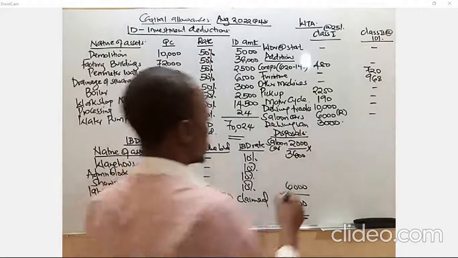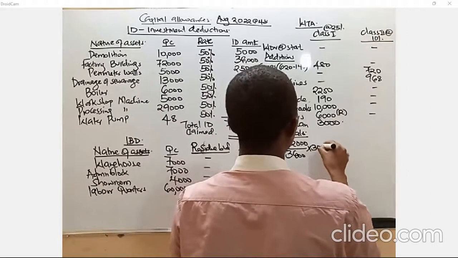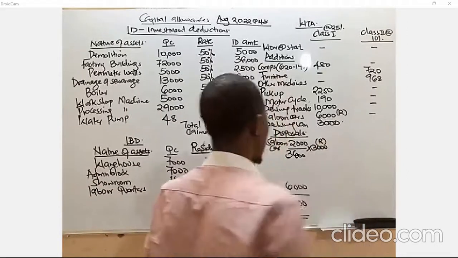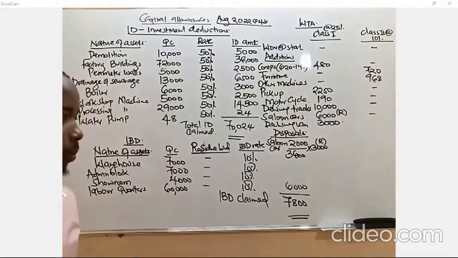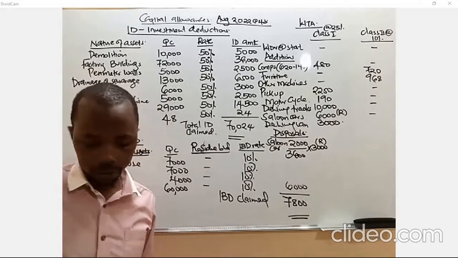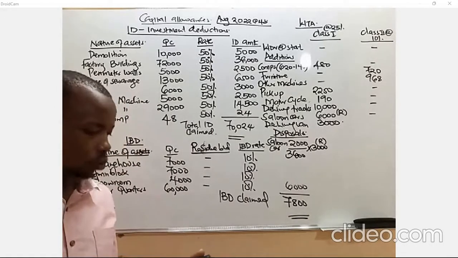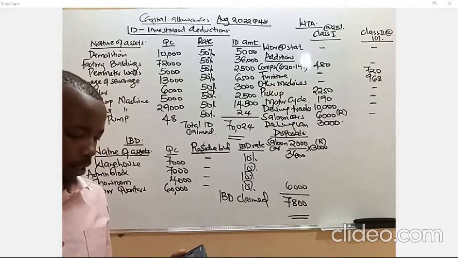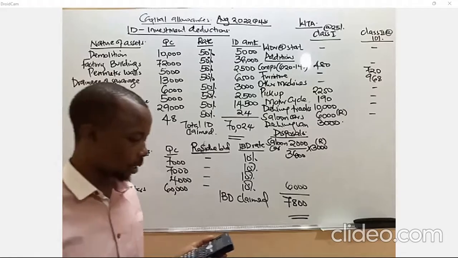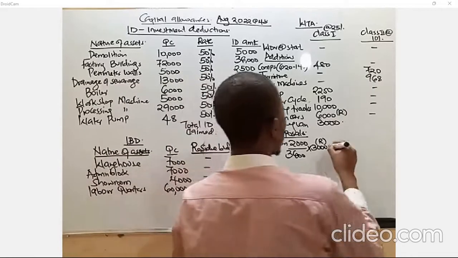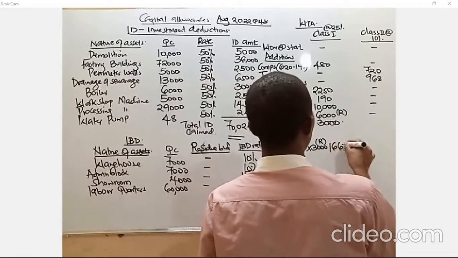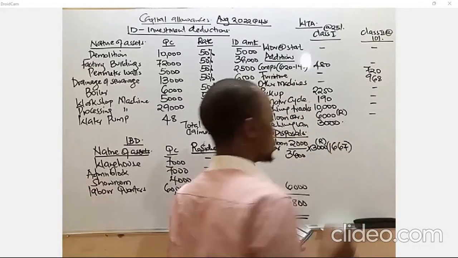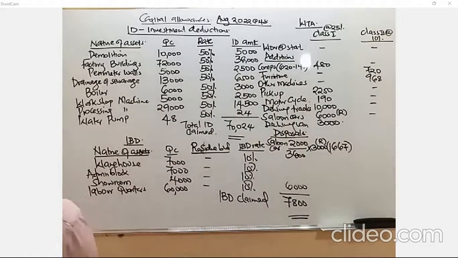So in our case, it's 2,000 divided by 3,600 times 3,000, getting 1,667. That is what we're supposed to be getting there.